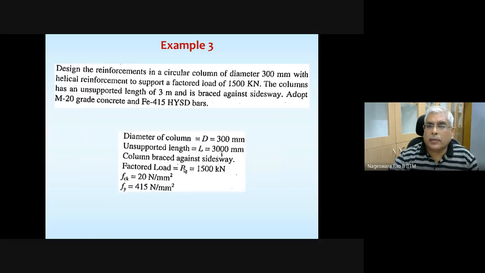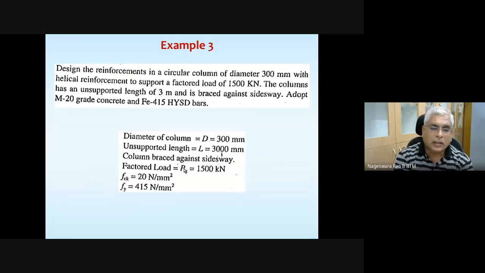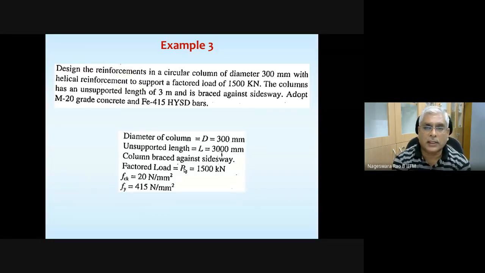And another example is also shown here. It's a circular column. Whatever column we just looked at has a rectangular cross section. The same procedure you can adopt for columns having square cross section. And here, a circular column, how to design. Whenever you have a circular cross section, you can use either lateral ties or helical reinforcement.